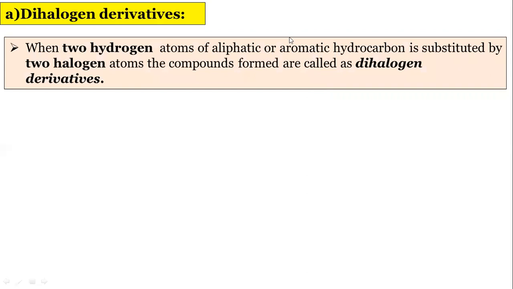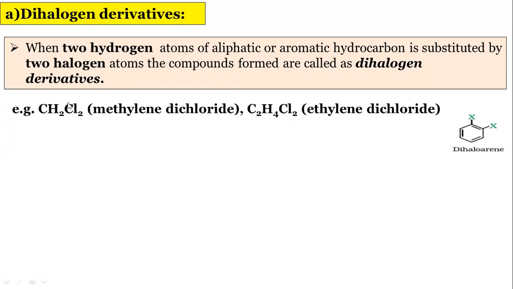See the dihalogen derivatives. In this case, two hydrogen atoms are replaced with two halogens. See this example is given, CH2Cl2. This is methylene dichloride and this is ethylene dichloride, in which two hydrogen atoms are replaced with two chlorines. And one example is given of a dihaloarene.